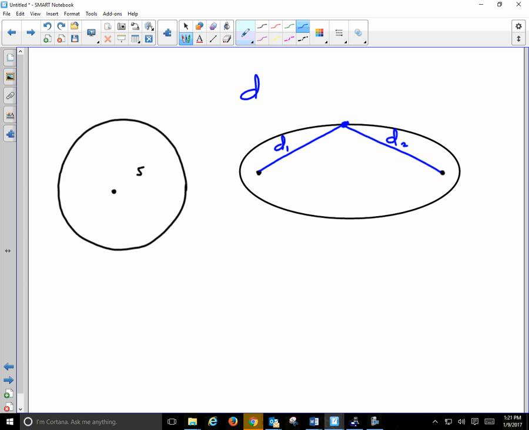If you were to add those together, it would be the same as if you picked another point, say right here, and you look at this distance, d sub 3, and this distance, d sub 4. Those would be the same. Whatever point you pick, they would sum to the same distance.